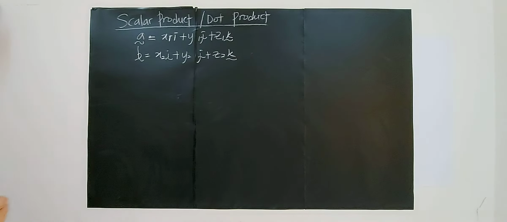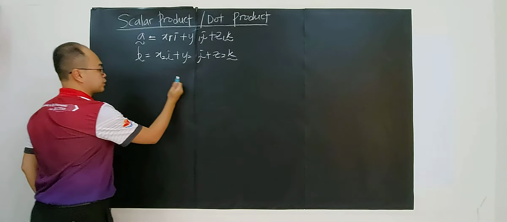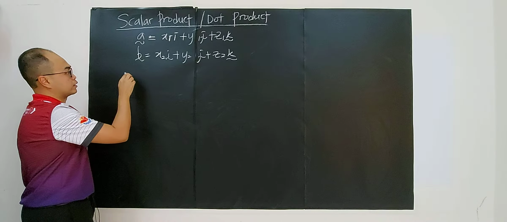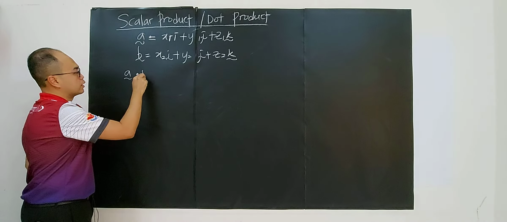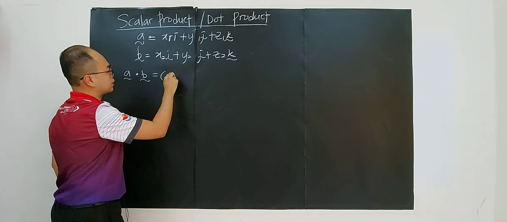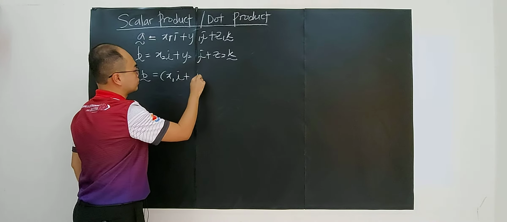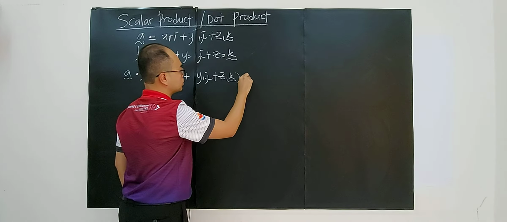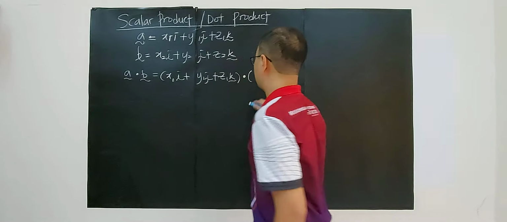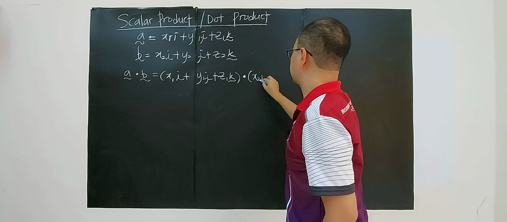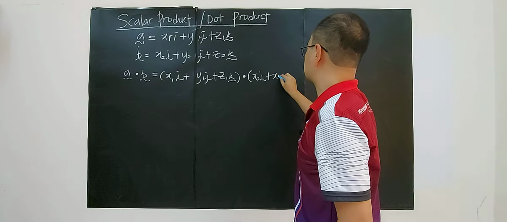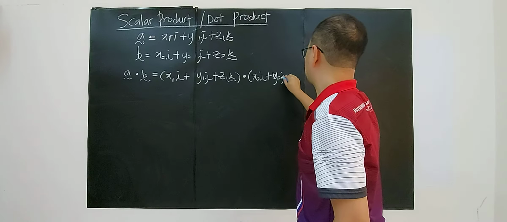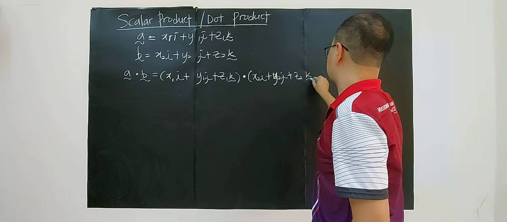So now we put it as unknowns in algebra form. I'm going to prove to you how to do a scalar product. Before we do a scalar product, we should understand the process of getting that scalar product. We know that A dot B means taking the vector x1i plus y1j plus z1k, the whole thing dotted with the vector x2i plus y2j plus z2k.